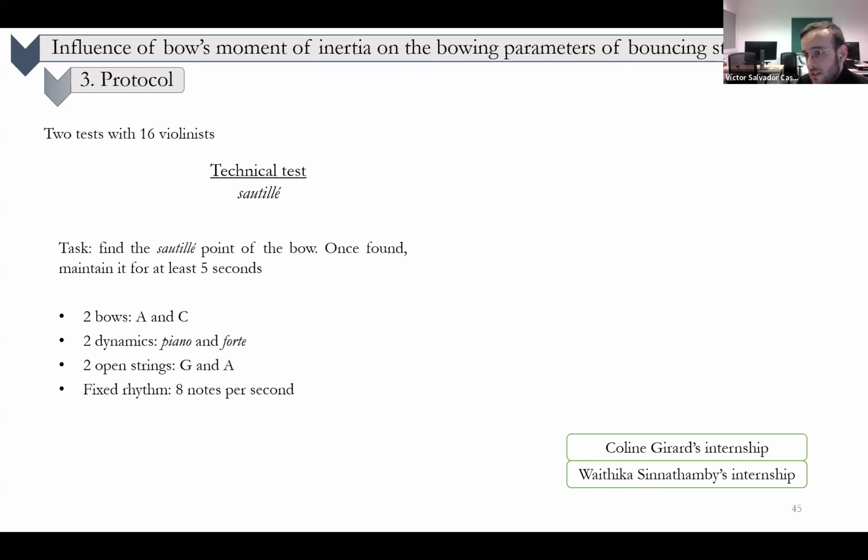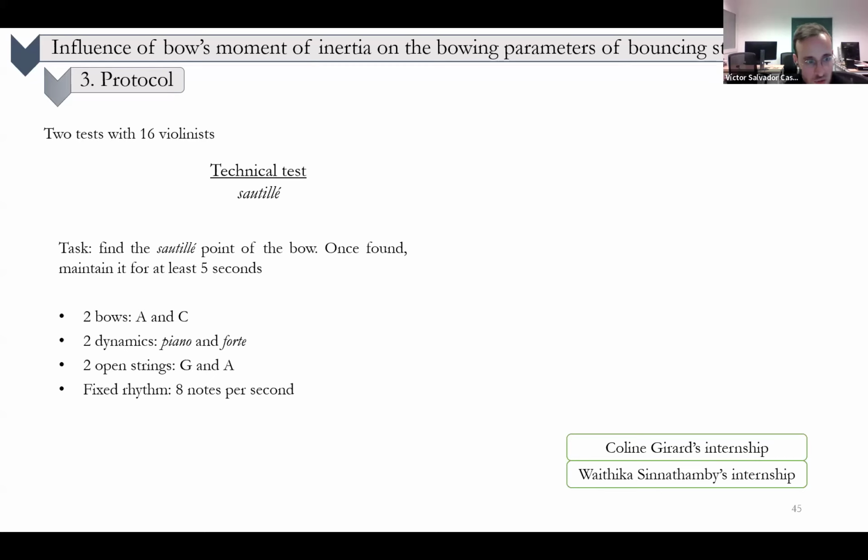And we performed two kinds of tests. First, what I called a technical test, which consisted of finding the sautillé point of the bow on different strings and different dynamics, and once they had found them, keeping it for at least 5 seconds so that we can calculate the average bowing parameters afterwards.